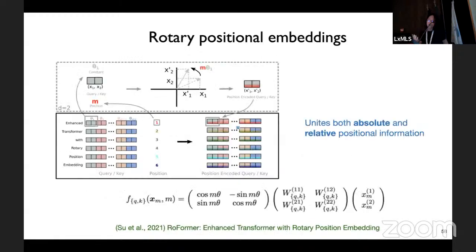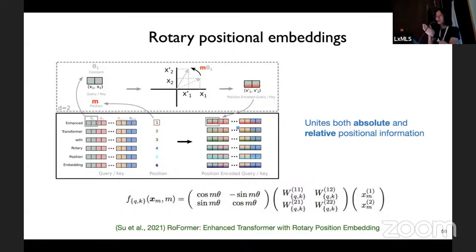And more recently, and this is really a major advance, is something called rotary positional embeddings. It was proposed by Su et al. in 2021 in this RoFormer paper. Again, I don't want to go into too much detail, but the key idea is that they rotate the positional embeddings by one particular angle theta.